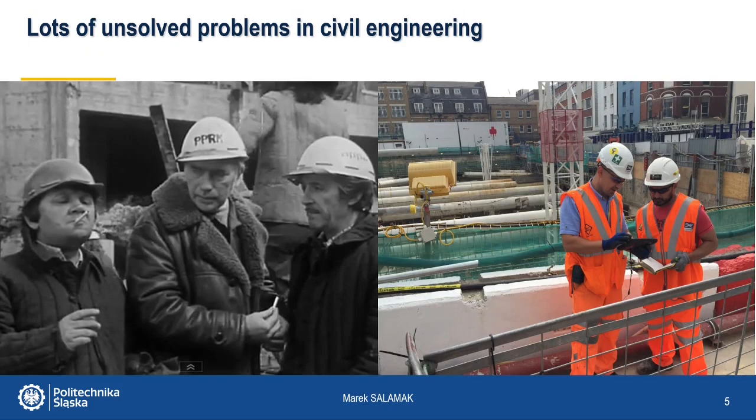We have already seen these photos. They show that in civil engineering we have an exceptionally large number of unresolved issues. They can be found in almost all the research areas and disciplines.